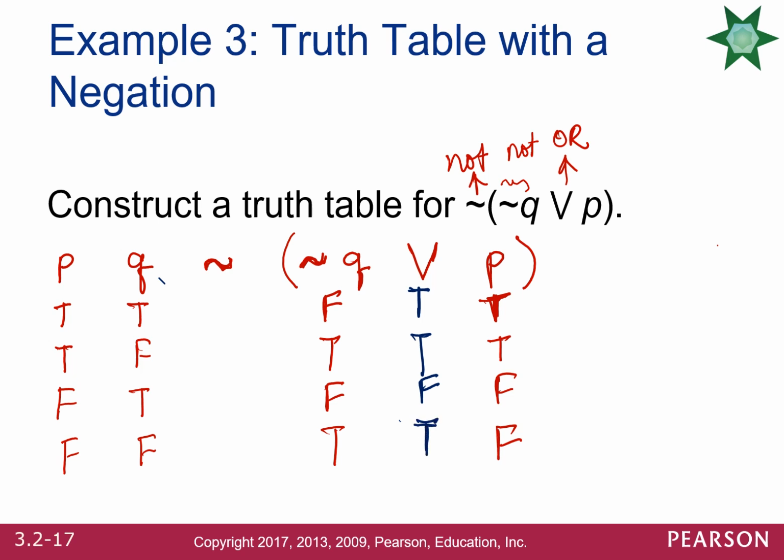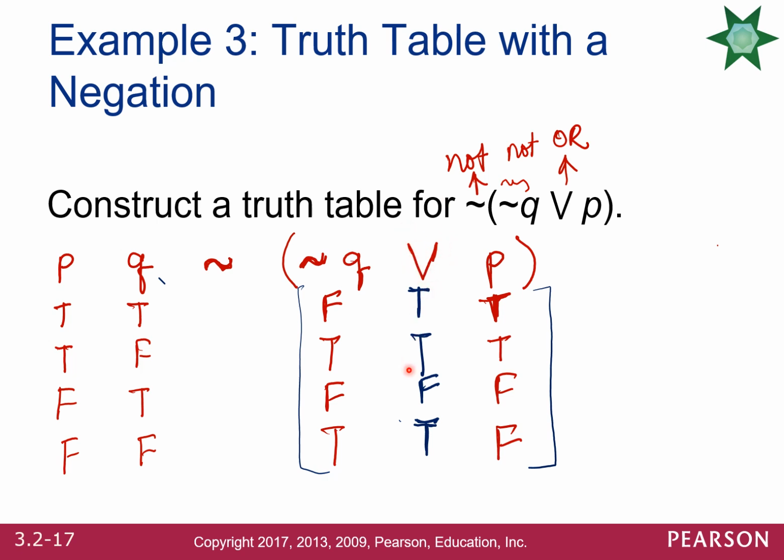So we completed everything within the brackets. Now we have to negate that, we have to go to whatever is outside the brackets. So we have the negation, the not symbol here. So what do we negate? We negate the result of not Q or P, which we listed under the OR symbol.